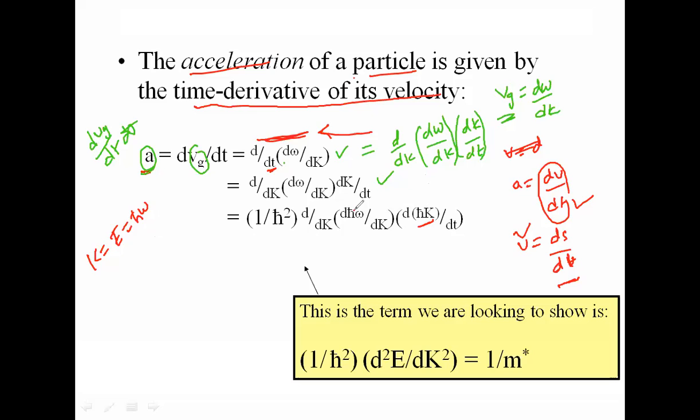Here what I got, tell me, d omega by dk. d omega, how much can I get, tell me. So dE is equal to, or dk is equal to h cross d omega. I'm just writing here.